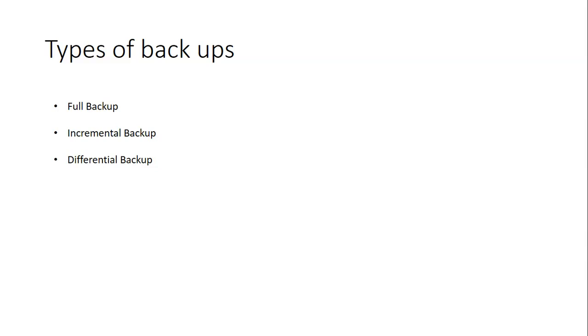Sunday you perform a differential backup. Monday you back up data that has changed since Saturday. Tuesday you back up data that has changed from Saturday to Tuesday. Wednesday you perform a differential backup again of data that has changed from Saturday to Wednesday.